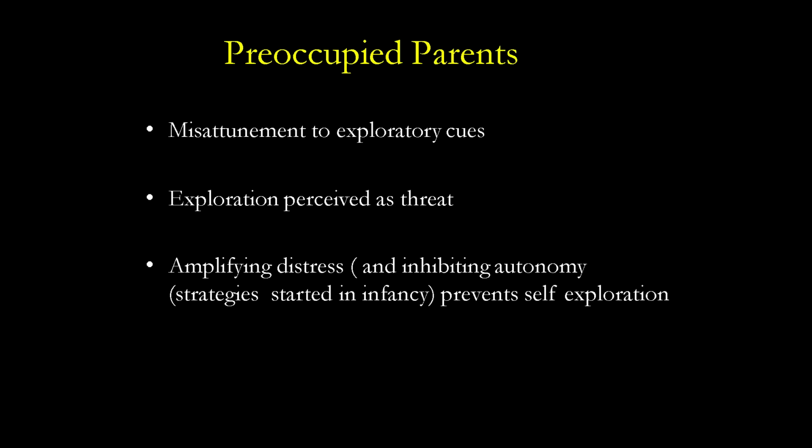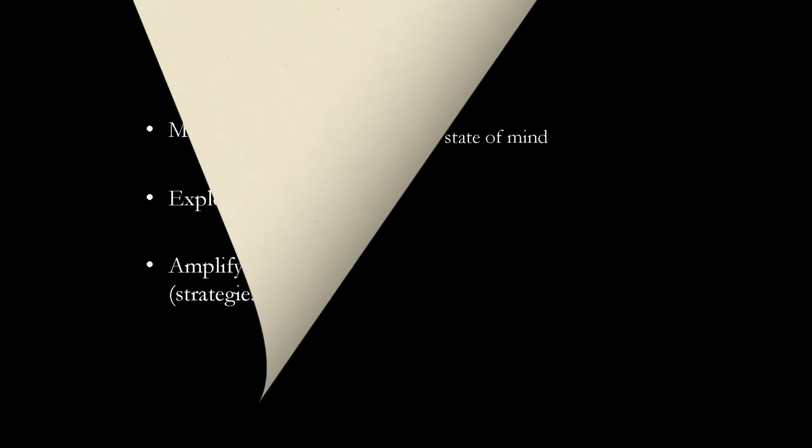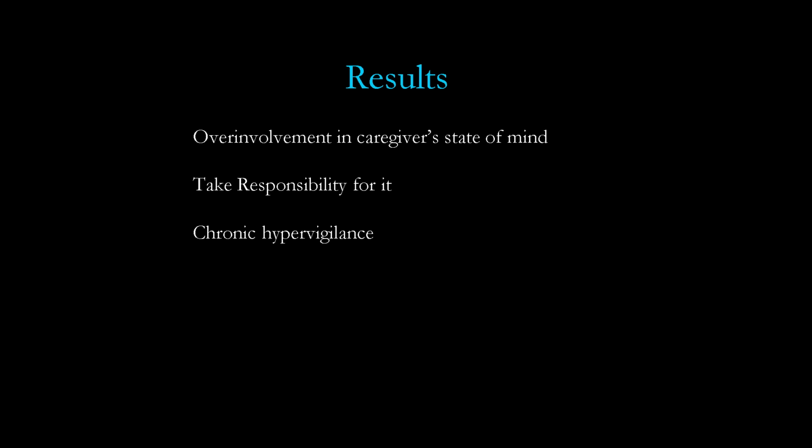The result of preoccupied caregiving is the child ends up with an over-involvement and identification with the parent's state of mind. Parental responsiveness is inconsistent, and this could be for several reasons. Perhaps the parents have demanding careers which take them away from the necessary attunement needed at a young age.